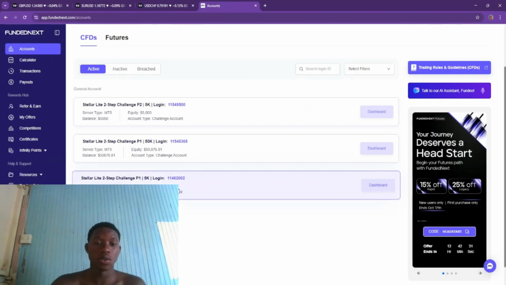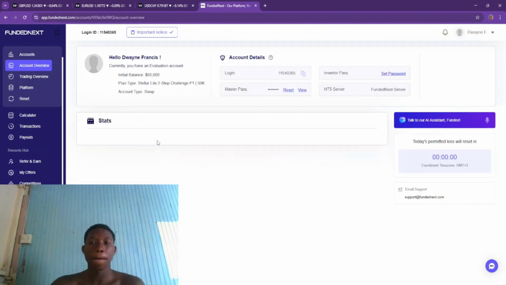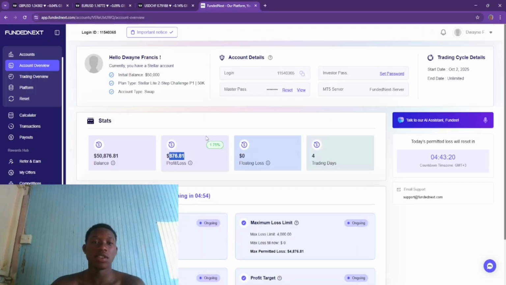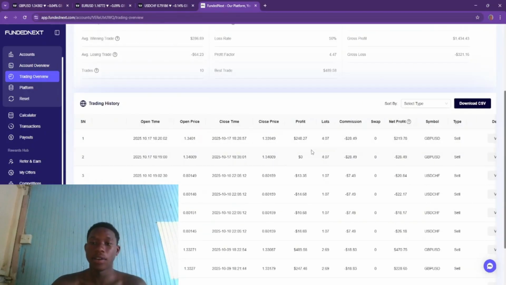All right, so 50K account right there. As we can see, we're up $876 on the 50K account, which is 1.75%. Trading overview, that's that there.